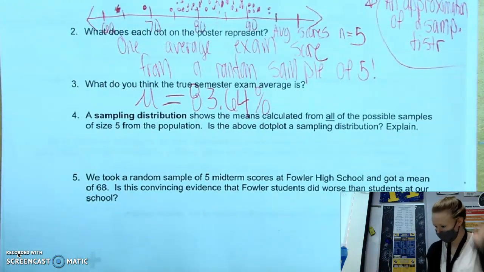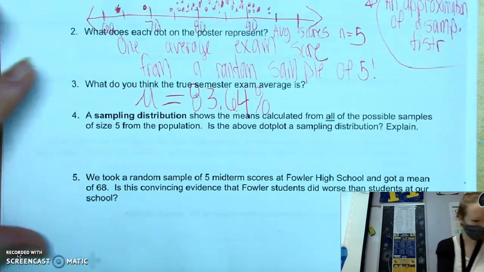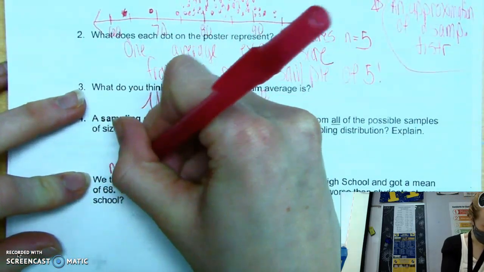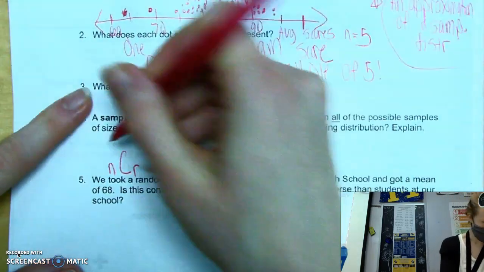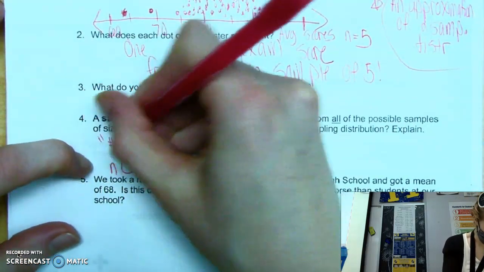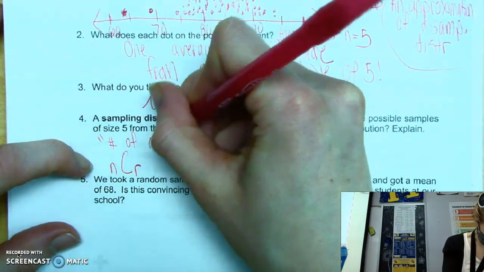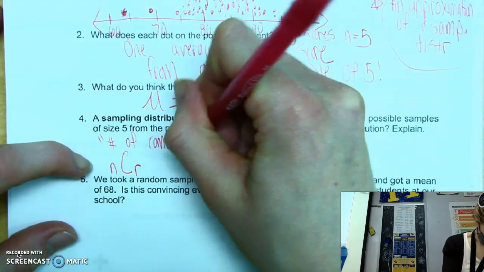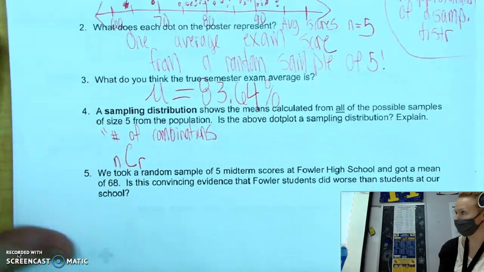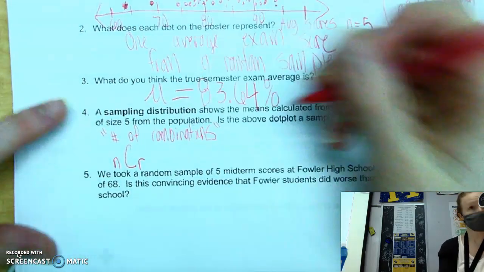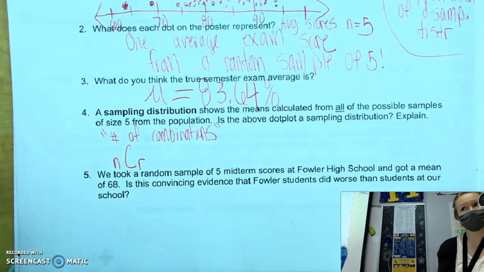A sampling distribution, though, shows all of the possible combinations of dots. Remember, this is the nCr thing that we talked about way back in Chapter 5. This is the combinations. Do you guys remember where to find that in your calculator? It's actually just where you were for random integer, right?